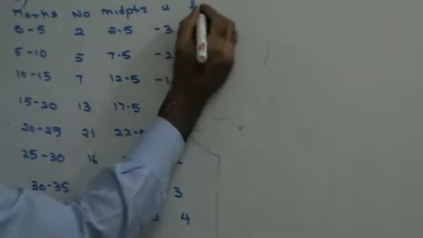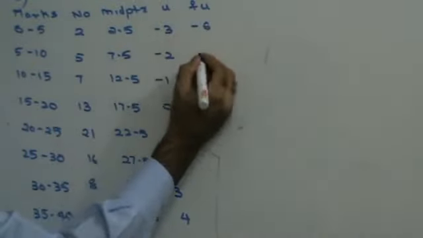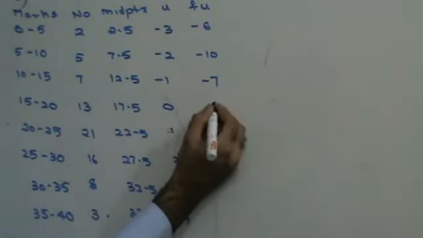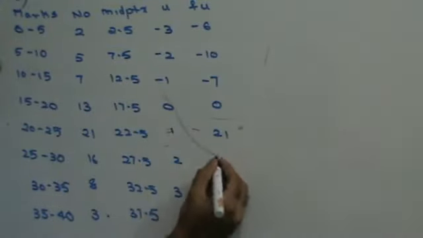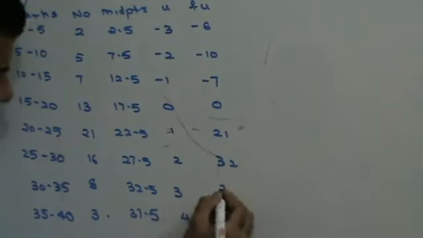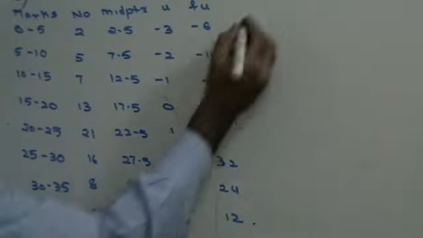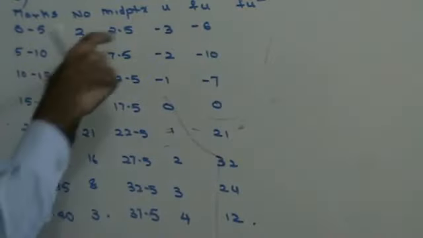Then you find out f into u: minus 6, minus 10, minus 7, 0, 21, 32, 24, 12. Then you find out fu square. How do you do that? U into f into u. U into fu will give you fu square.